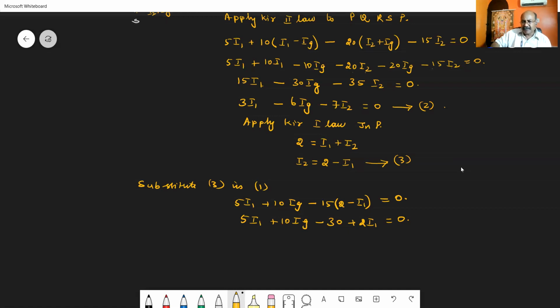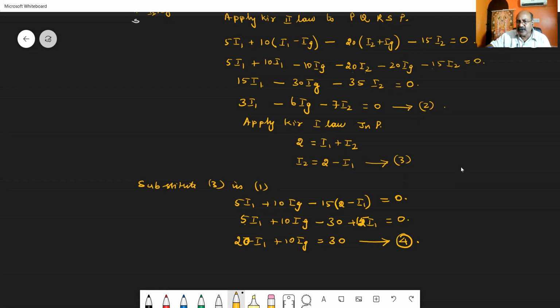Then 15I1 plus 5I1 gives 20I1, plus 10Ig is equal to, taking this to the other side, 30. Take this as equation number 4.